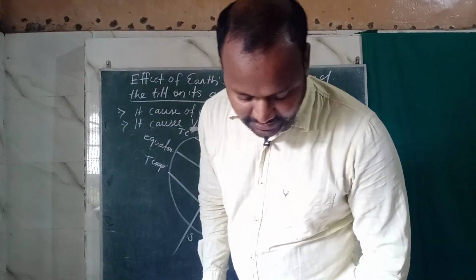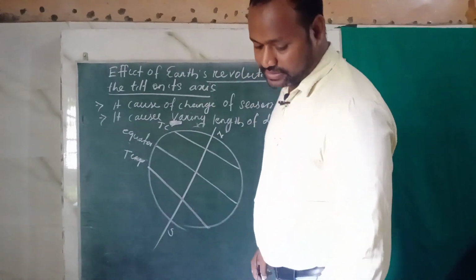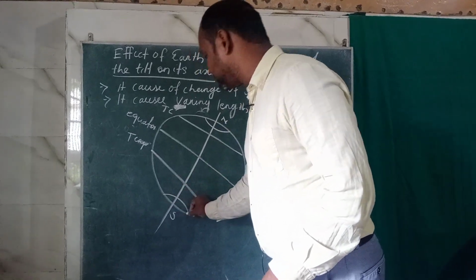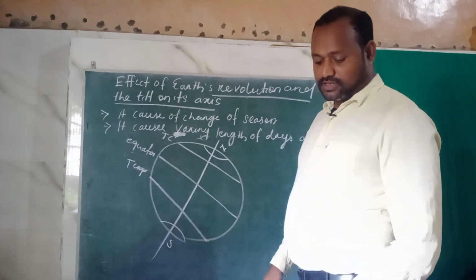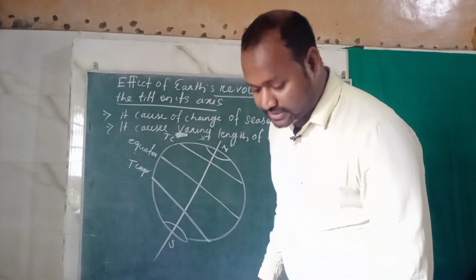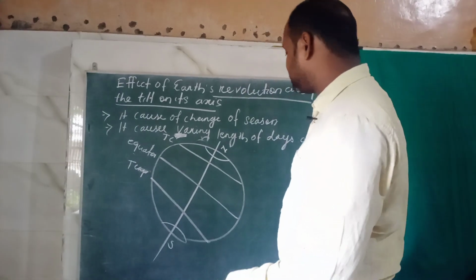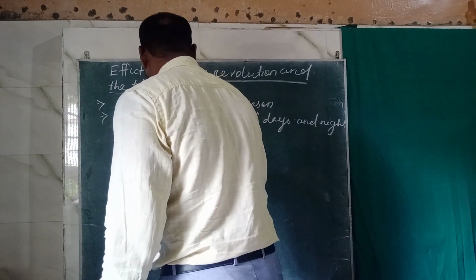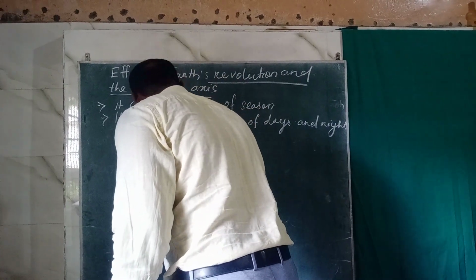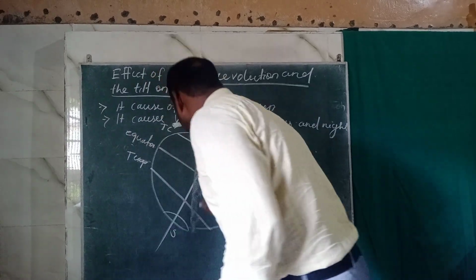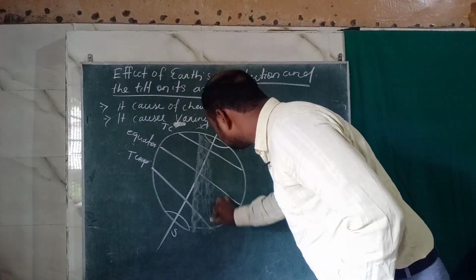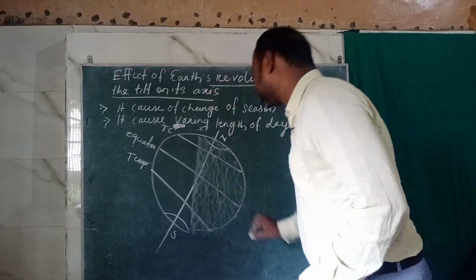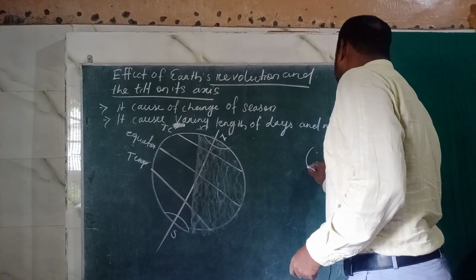And here you can see the Arctic Circle and Antarctic Circle. So listen, students, while the sunlight falls on this, it will fall like this. Let the Sun be here.